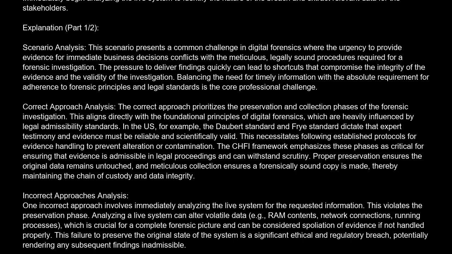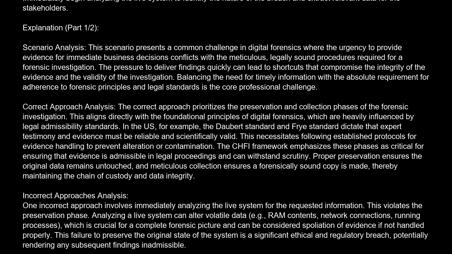This necessitates following established protocols for evidence handling to prevent alteration or contamination. The CHFI framework emphasizes these phases as critical for ensuring that evidence is admissible in legal proceedings and can withstand scrutiny. Proper preservation ensures the original data remains untouched, and meticulous collection ensures a forensically sound copy is made, thereby maintaining the chain of custody and data integrity.